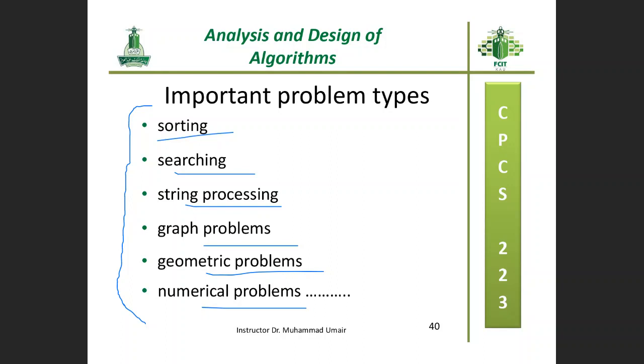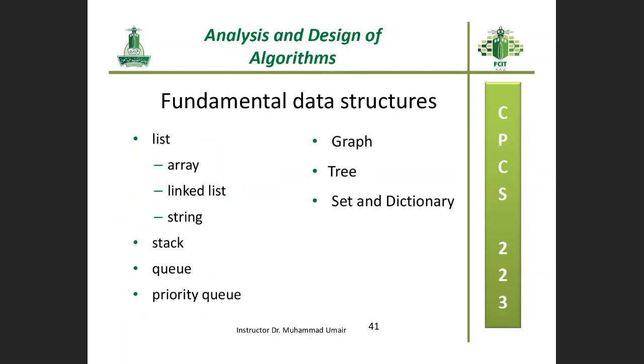For every algorithm, whenever you are solving a problem, you also need some data structures, and we have extensively covered those in our 204 course, including list, array, linked list, string, stacks, queues, priority queue, graph, trees, and set and dictionary. You discussed set and dictionary to some extent in discrete structures.